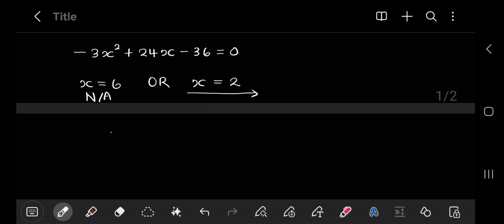Okay, but before we conclude, obviously we need to get the y coordinate. So in our original equation, we are going to substitute x as 2.